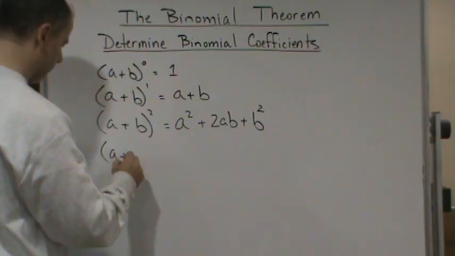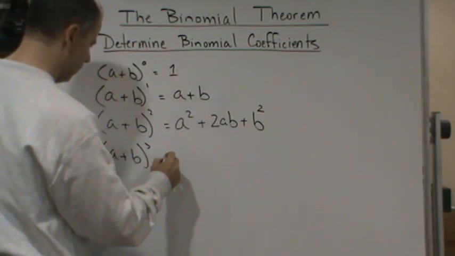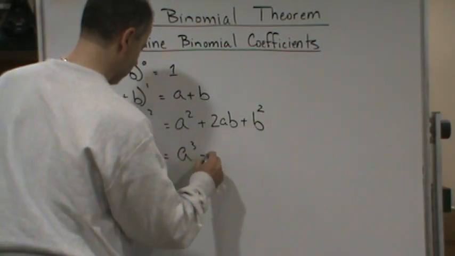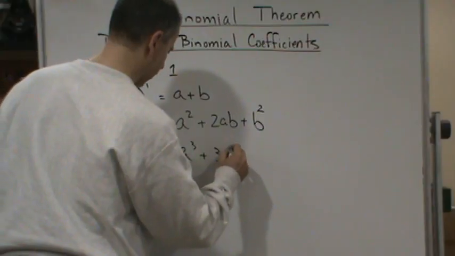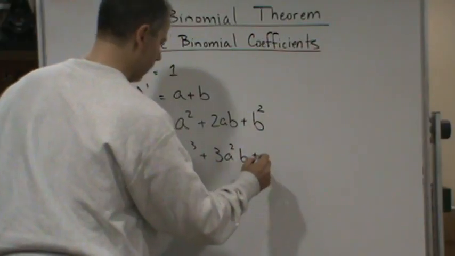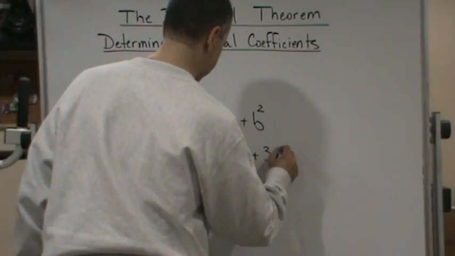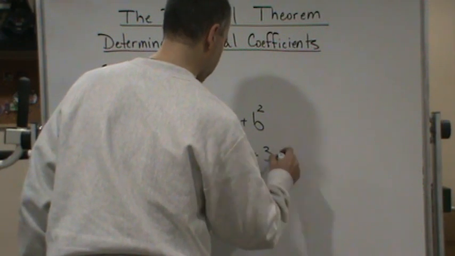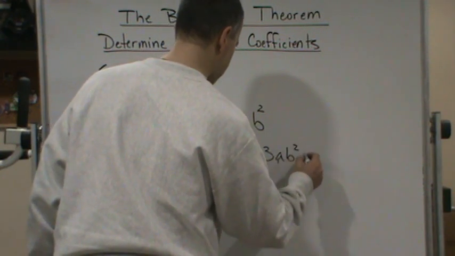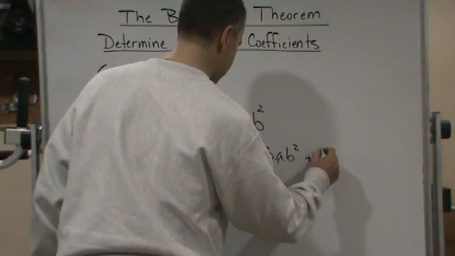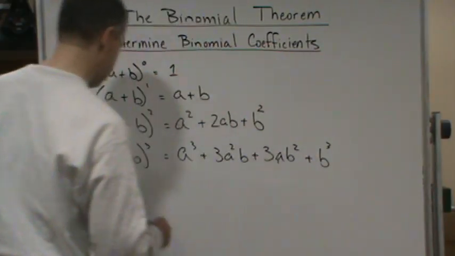And then (a + b)^3 is going to be a^3 + 3a^2b + 3ab^2 + b^3.